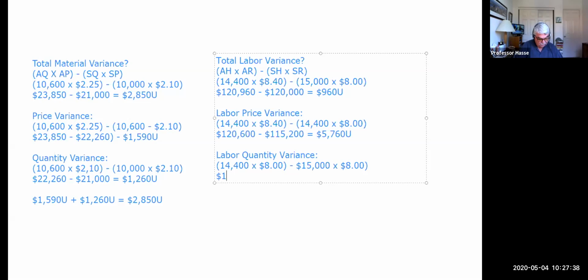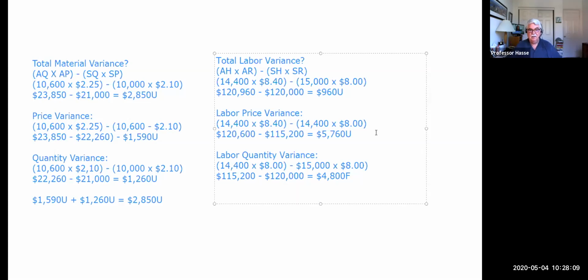So do the arithmetic: 115,200 minus 120,000. We had a favorable labor quantity variance of $4,800. So finally some good news in our planning. We thought we'd use 15,000 hours and we only used 14,400. Thus we had a favorable quantity variance.